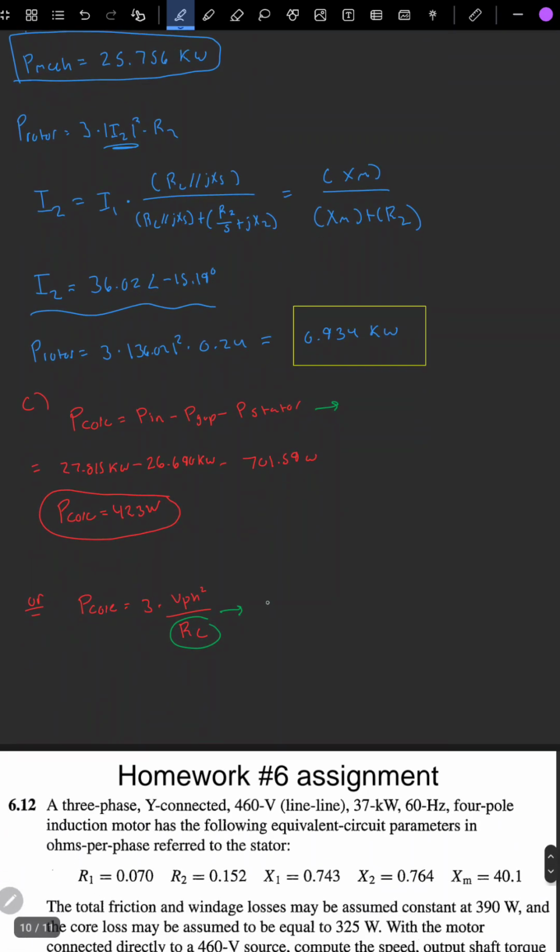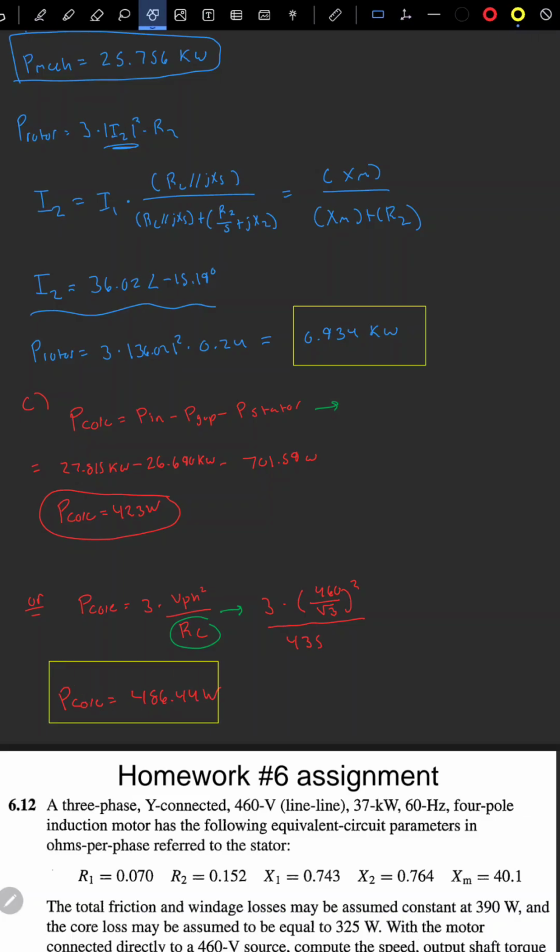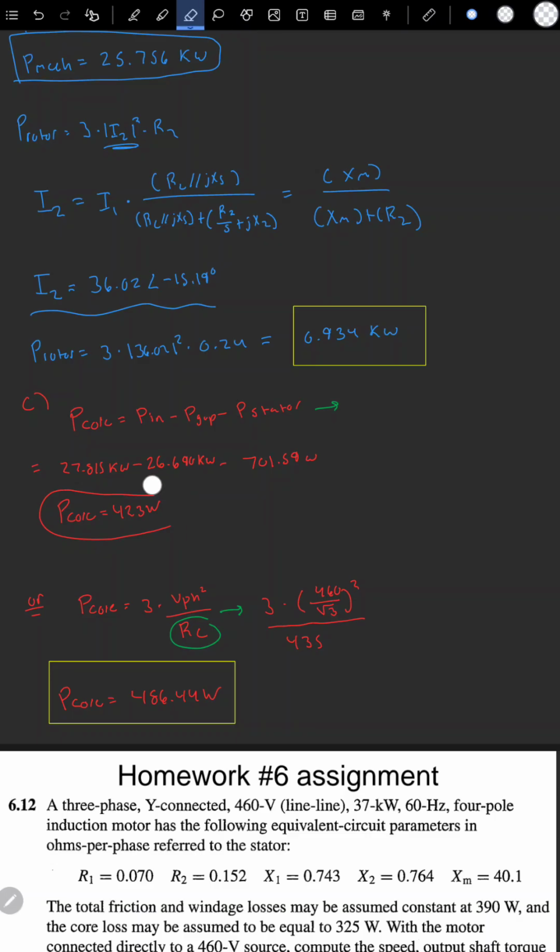Now doing it this way, you're going to get 3 multiplied by 460 over the square root of 3 squared, divided by our RC, which is 435, and your P core is going to equal 486.44 watts. So actually I'll circle this as well.